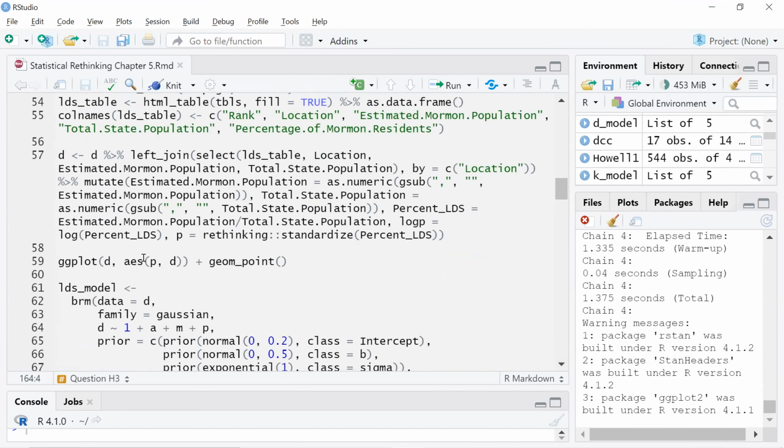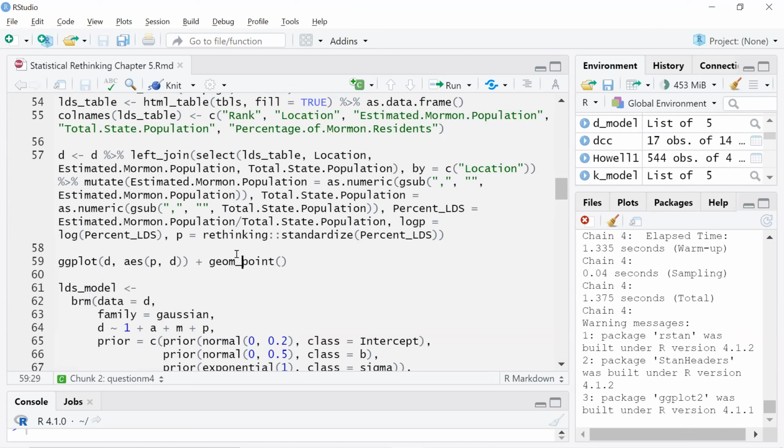And then P is the standardized percent, D, of course, being the divorce rate, A is age at first marriage, M is marriage rate.